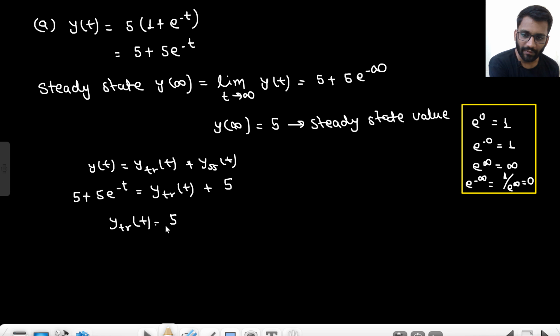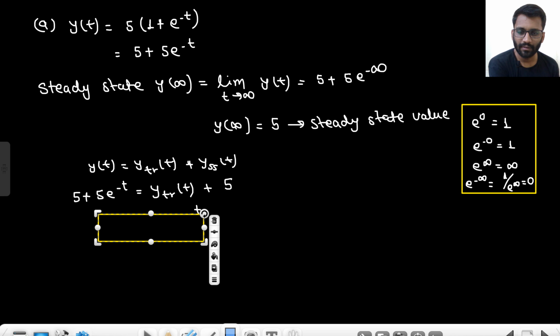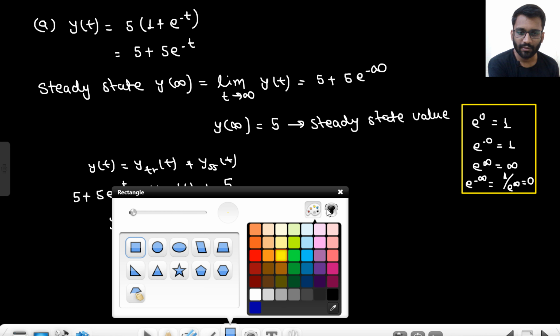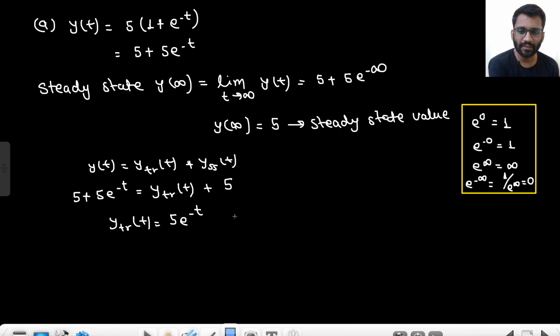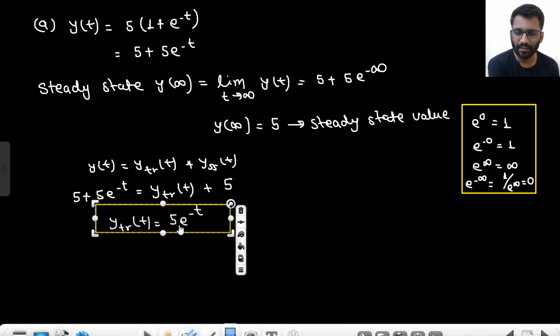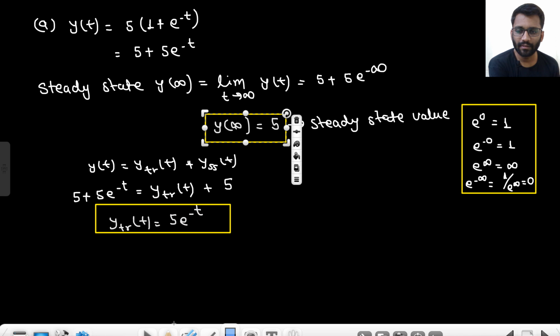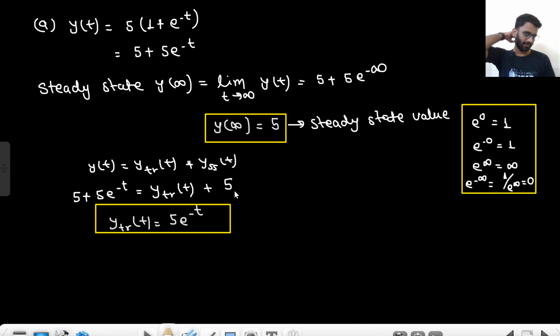That is 5 e to the power minus t. So we have two parts. This is the transient part, and this is the steady state part.